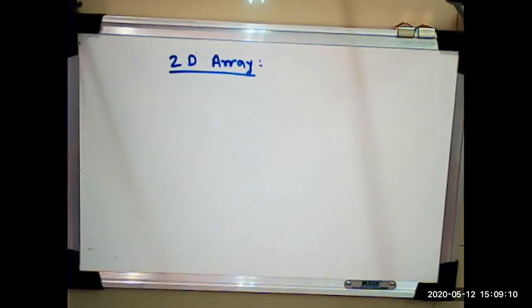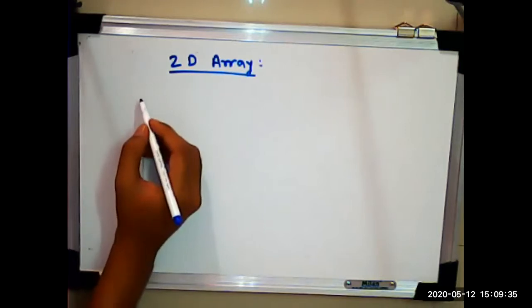So to access this type of array, we have two indexes. Just like for one-dimensional we require only a single index, 0 1 2 3 4, but here to access an individual element in a two-dimensional array, there are two indexes. We will see how it is used here.